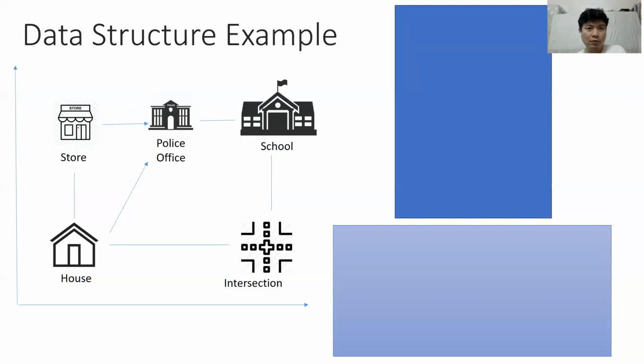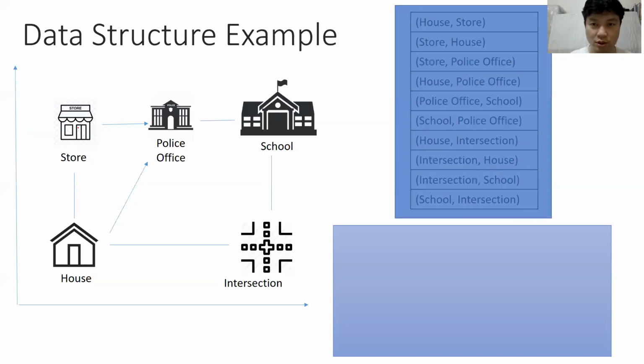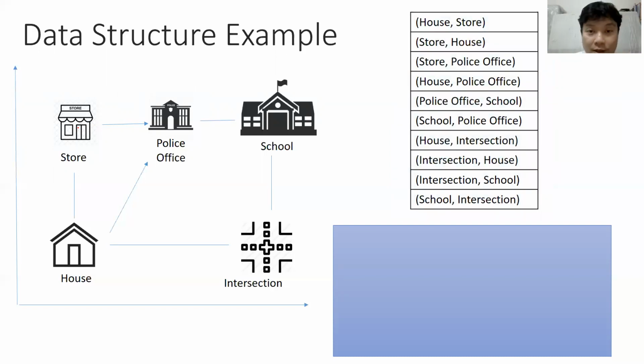From this kind of example, you may see that we can represent the data structure like this. We have the house and store as one piece of connection data, and then the second one is store to house.